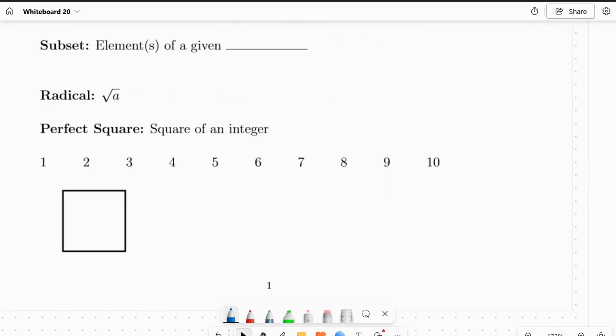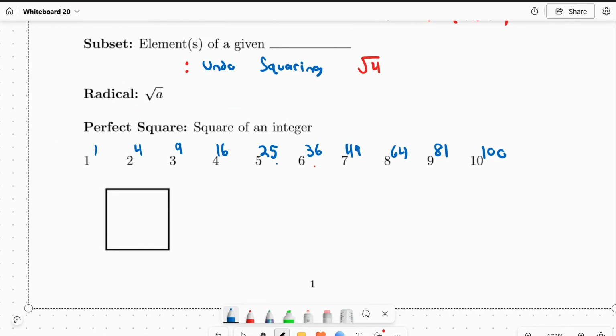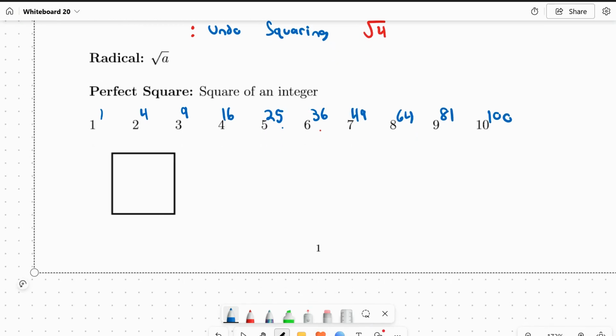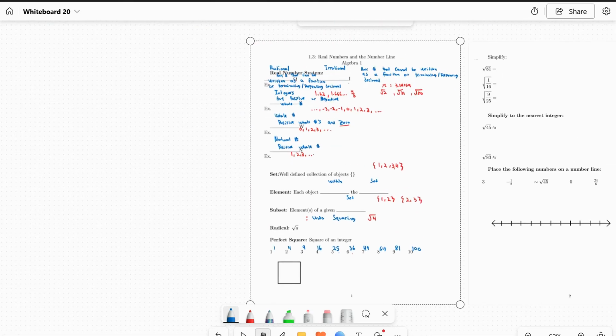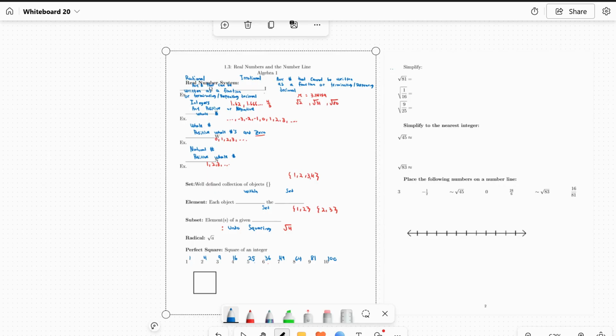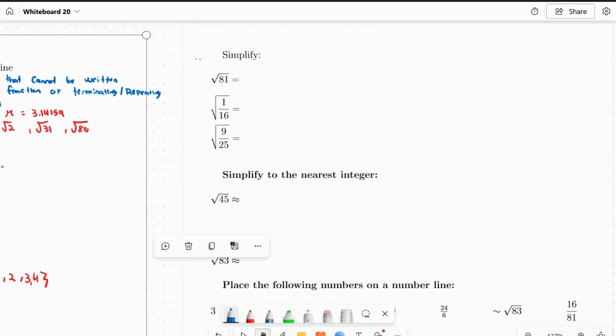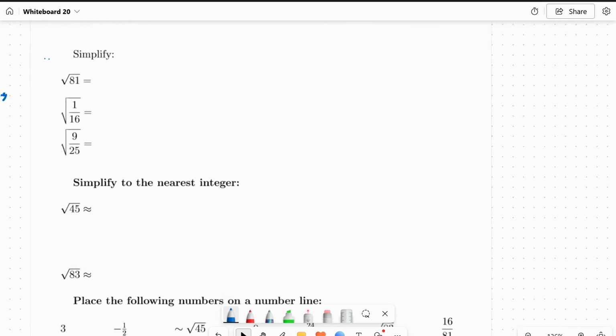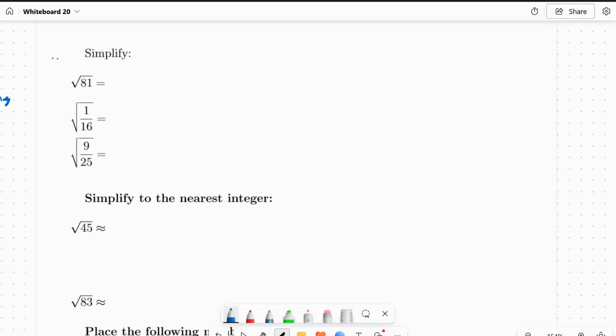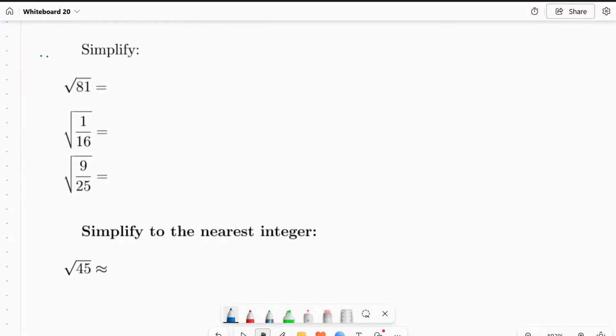All right, continuing on to the second page here. We are going to take a closer look at some radicals. Zoom in a little bit.